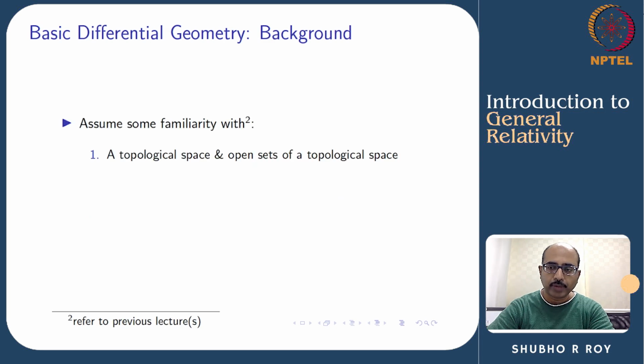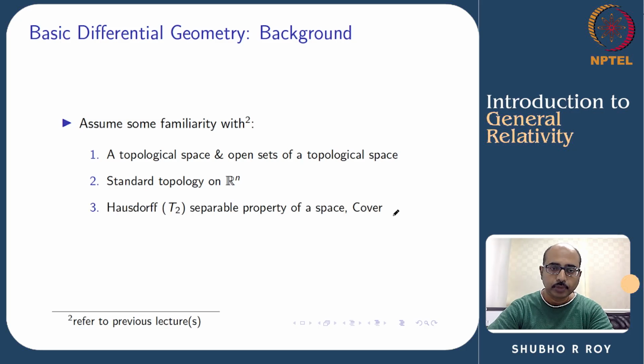So I'll assume certain background for this lecture. I'll assume familiarity with what a topological space is and what open sets of a topological space are. I'll assume people are familiar with the standard topology on Rn, which is the n-dimensional Euclidean space. Also assume people are familiar with what is the Hausdorff space, or the Hausdorff property of the space.